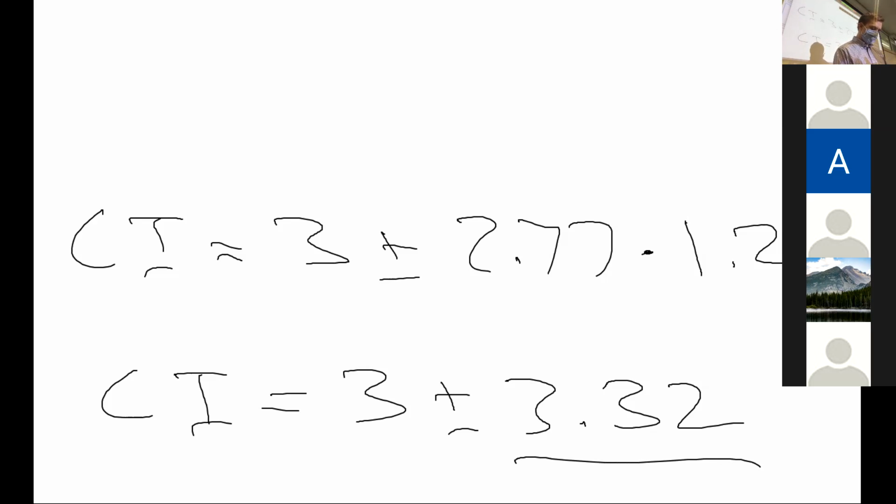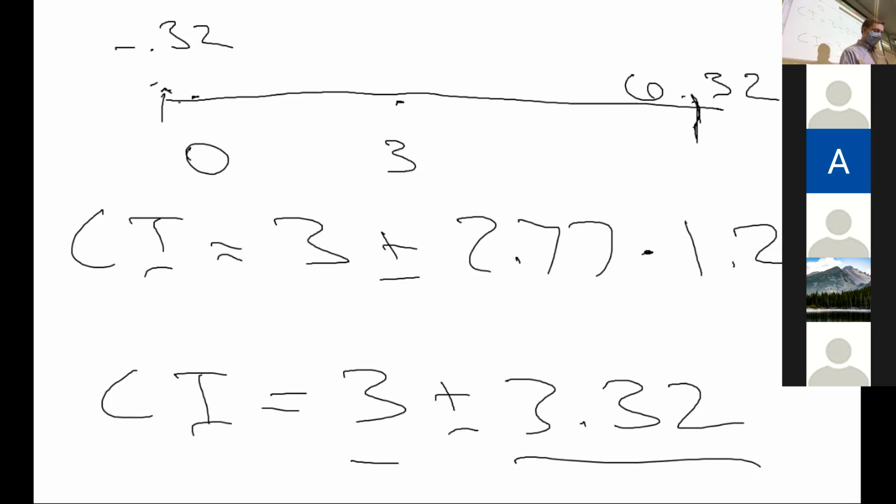Because our point estimate is 3, and we're adding and subtracting 3.32. If we subtract 3.32 from 3, we get negative 0.32, and we get positive 6.32. And so this confidence interval, we would say we fail to reject the null hypothesis because it includes that 0 point in there.